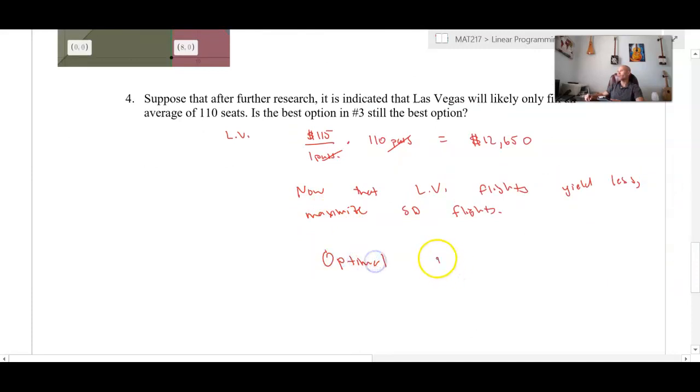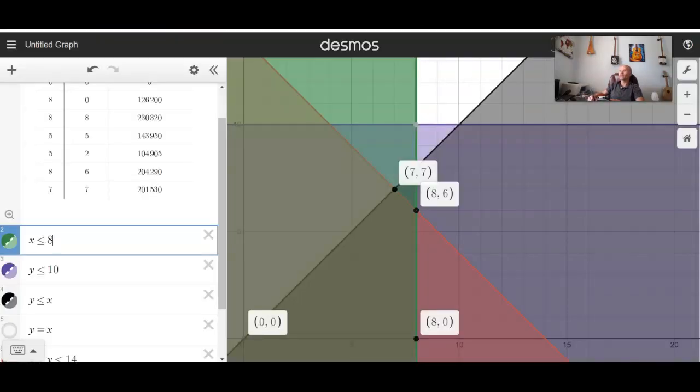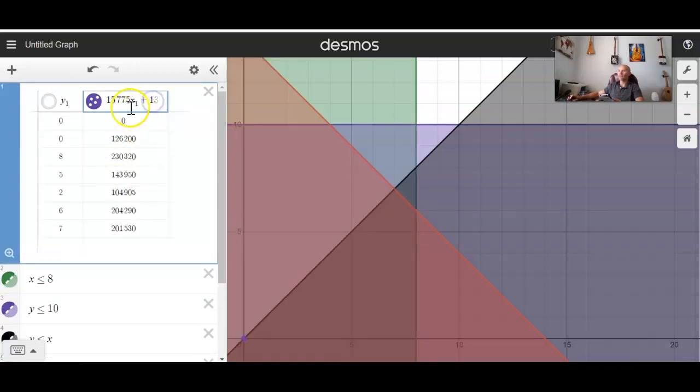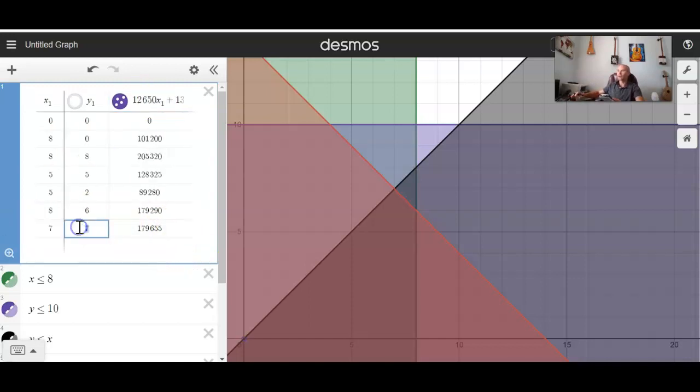Our optimal point would be 7, 7 with a revenue of, come back here and see that for 7, 7, if we changed our equation up here and we made this coefficient 12,650, notice our points right here have now shifted a little.